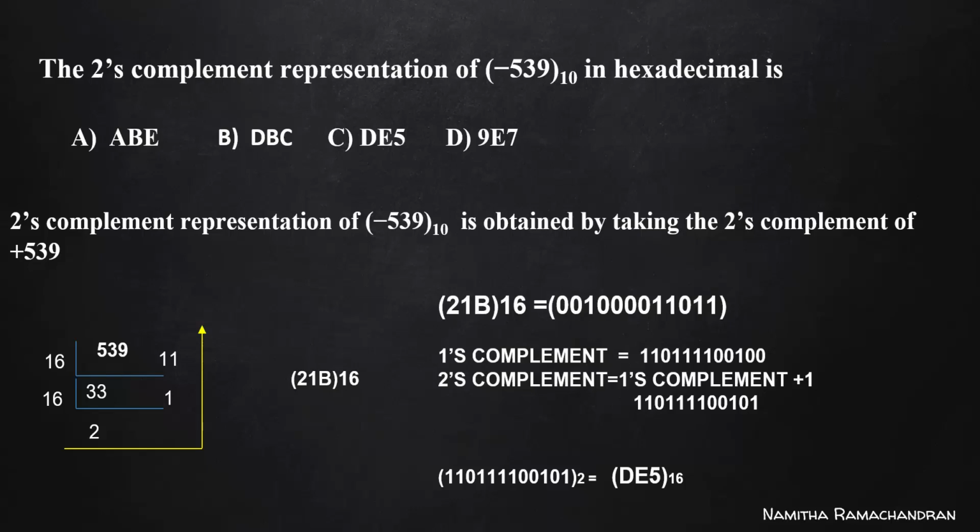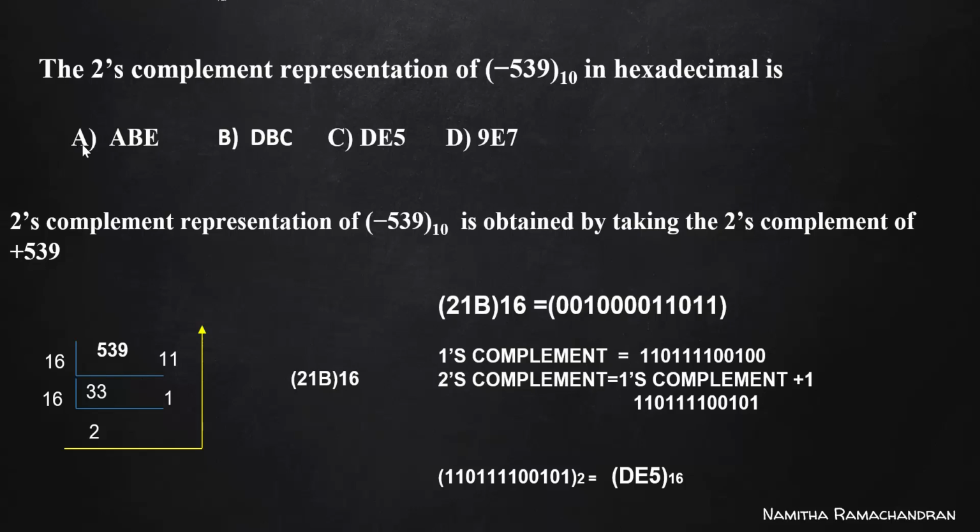Another method is, as we have already discussed in our previous example, start from the right hand, proceed towards left and write everything as it is up to the first 1 encountered, and take the complement of all other bits after that first 1. That means this 1 is written as 1 itself here, and this 1 becomes 0, this 0 becomes 1, and so on, like this.